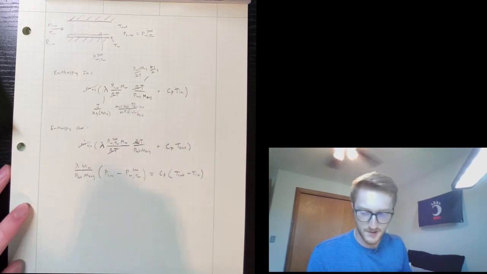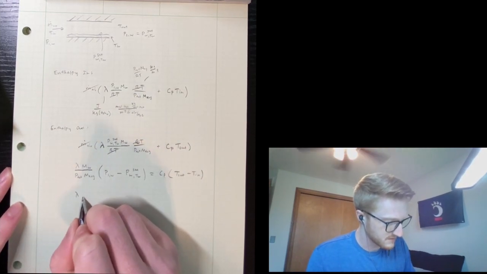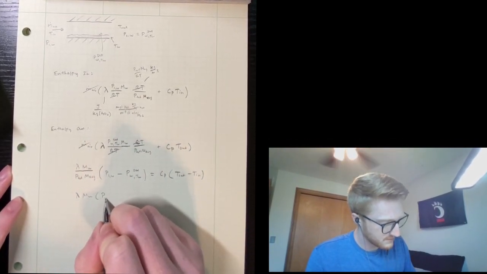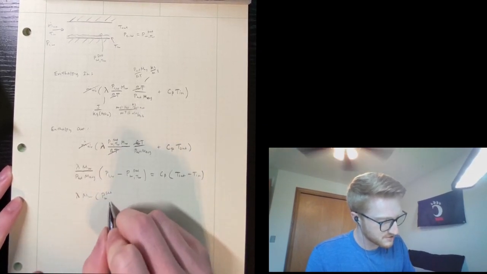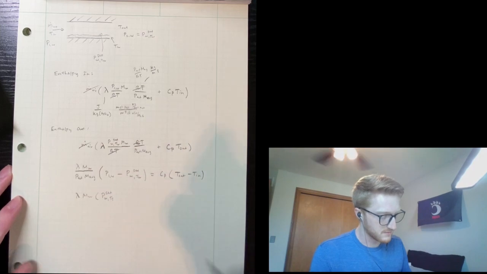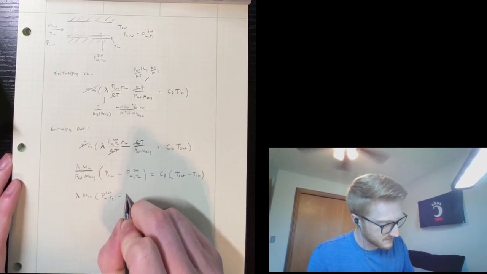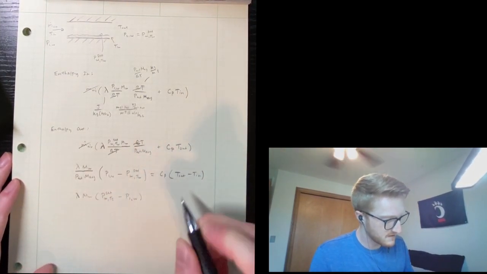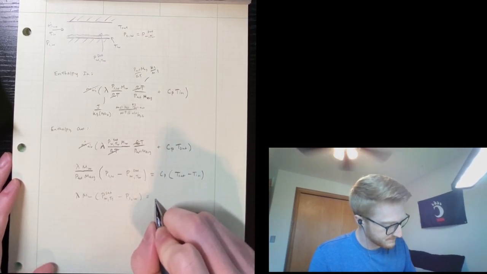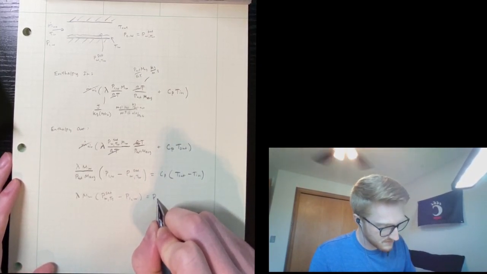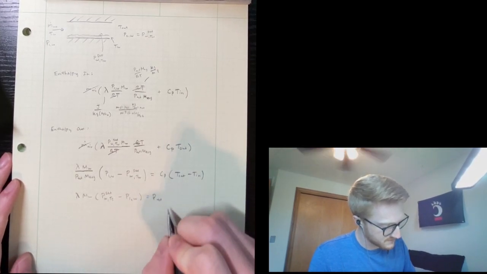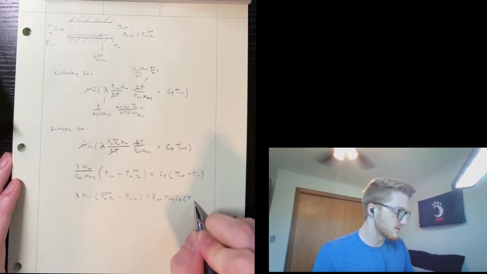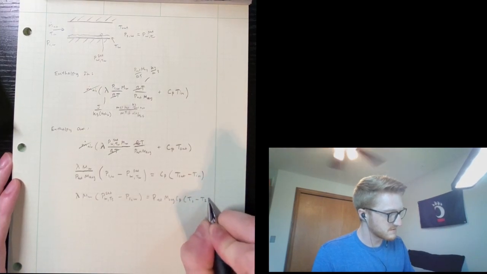I'm going to finagle it a little bit as I'm writing it down, but we have the enthalpy times the molecular weight times the partial pressure at the saturation at the water surface temperature, minus the partial pressure of the water going in, equal to the total pressure times the average molecular weight times the heat capacity times the temperature of 1 minus the temperature of 2.